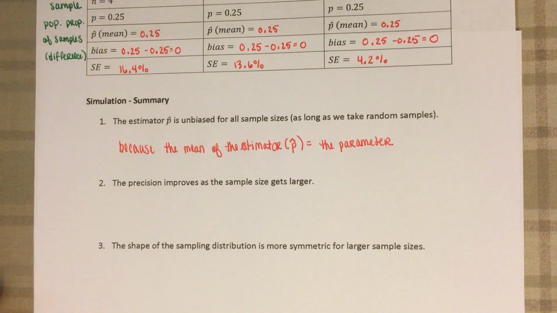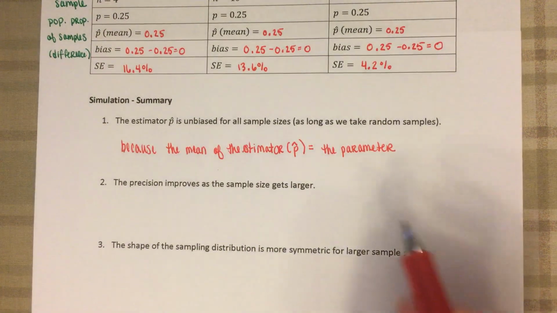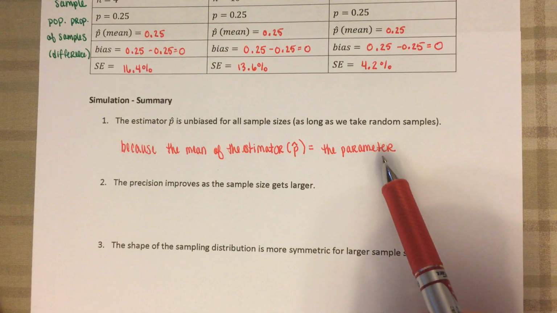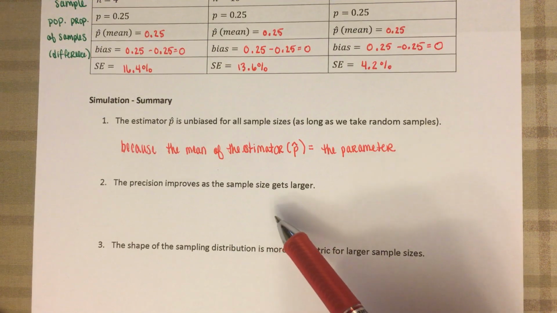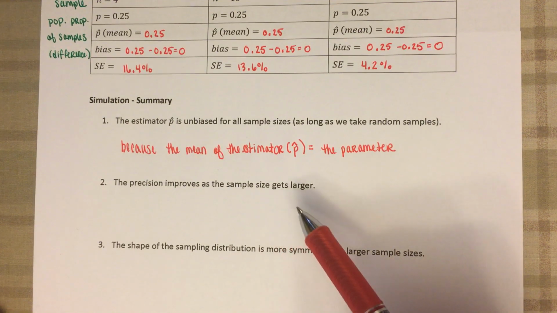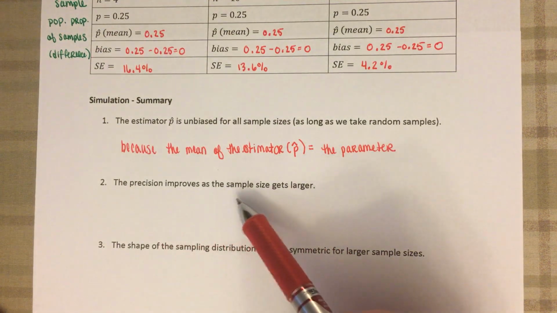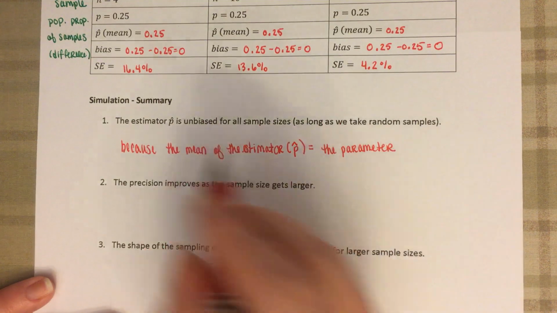Bias, again, is a measure of accuracy. So our first statement here is thinking about accuracy. Our second statement here, we're looking at precision. Precision has to do with spread. Spread has to do with standard error. So our precision improves as the sample size gets larger.